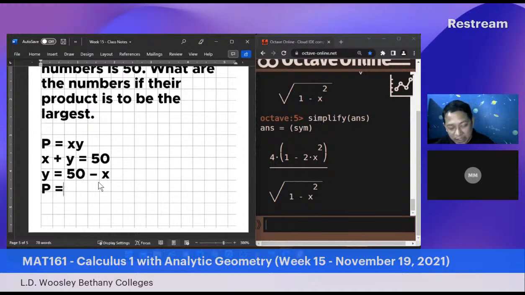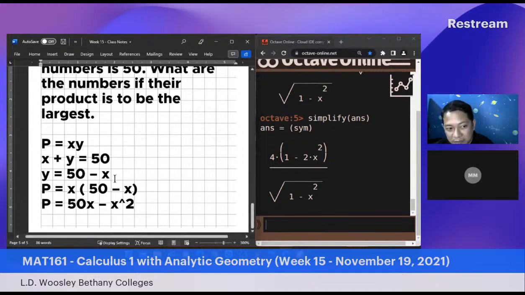And we could substitute that such that this will become x times the quantity 50 minus x. Okay? And, of course, we could always have this simplified as 50x minus x squared. Then after we have expressed the differentiable function that we need to maximize or minimize into a single variable, that's the time we get the derivative.